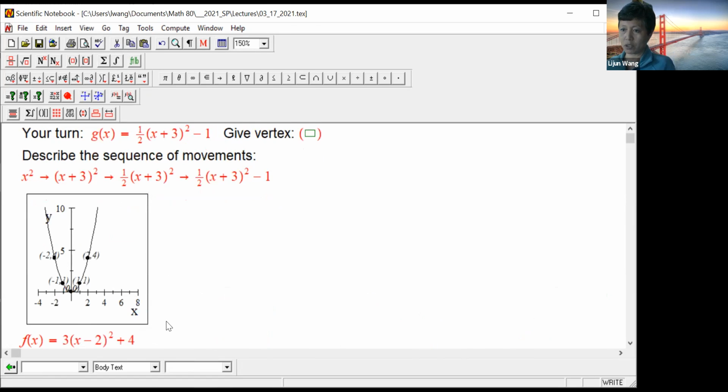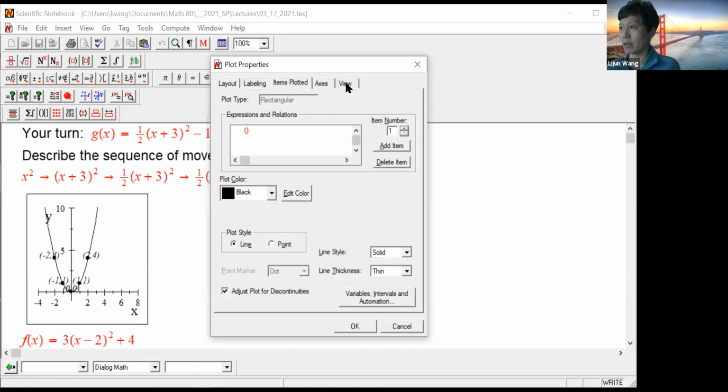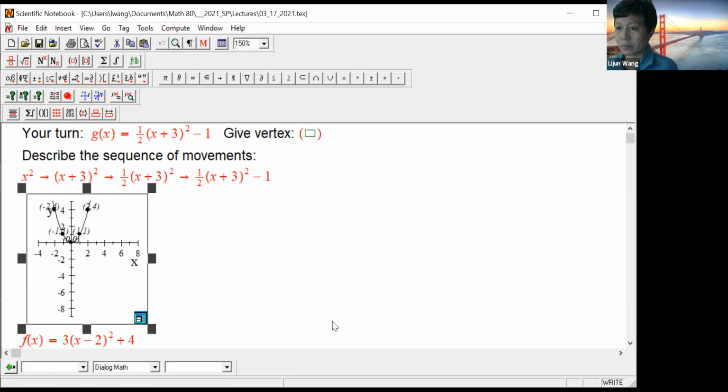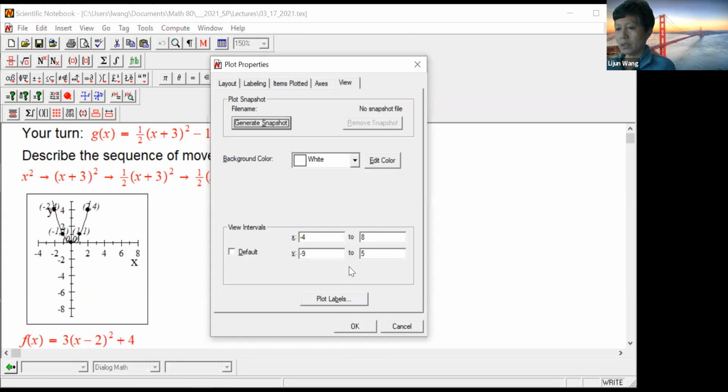So the first picture, we started from there. I'm just going to make a little adjustment for the beginning.